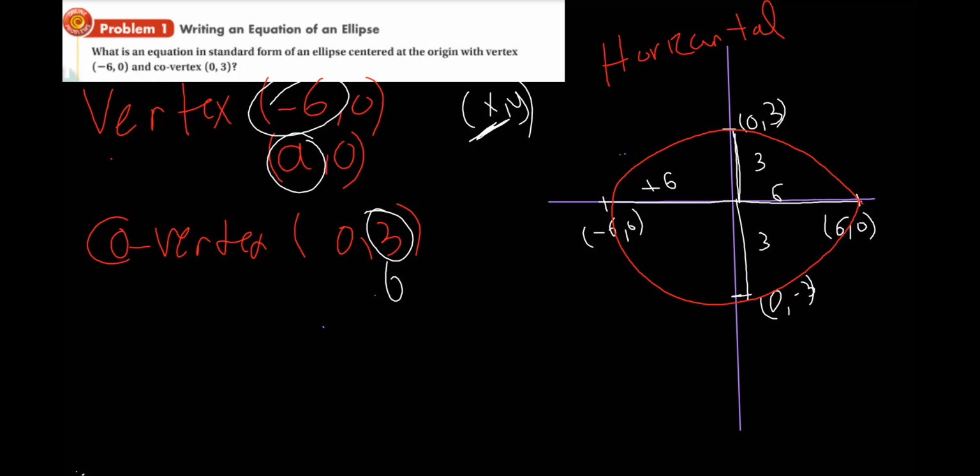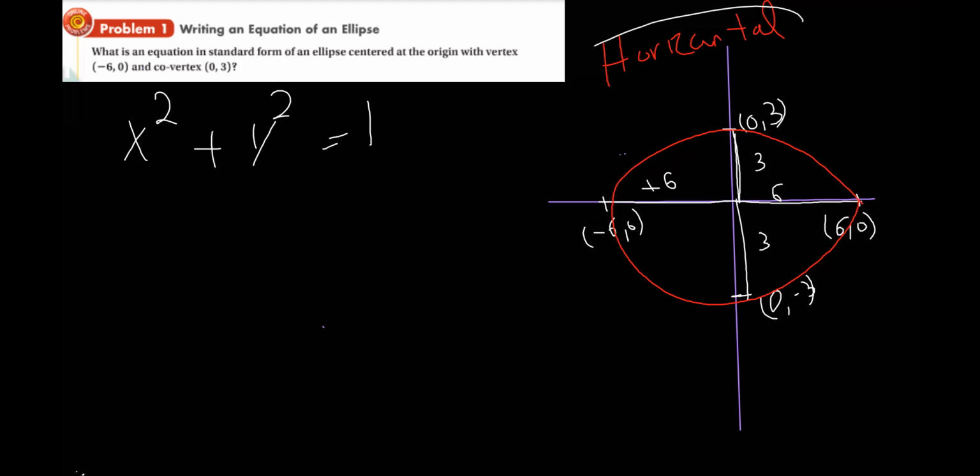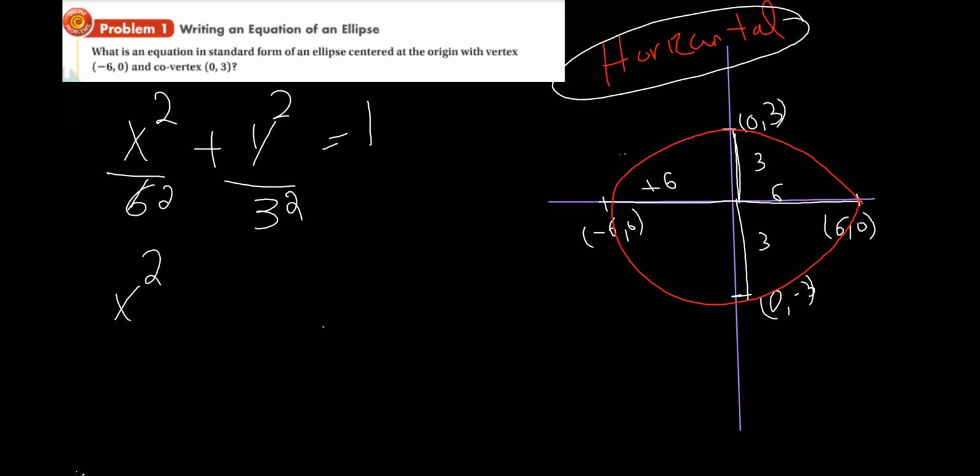But now he is asking me what the equation is. For the horizontal, I told you, since it is horizontal, the value of A will be under X. And the value of B will be under Y. So X squared over 6 squared plus Y squared over 3 squared, or you can say X squared over 36 plus Y squared over 9 equals 1.